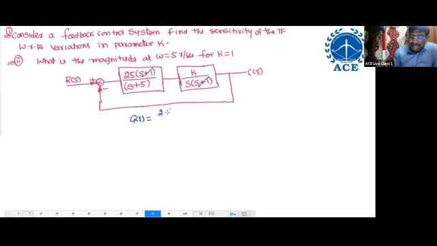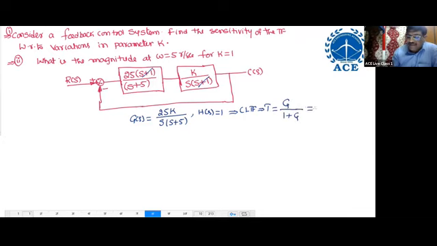25k by what are you getting? Tell me. 25k by s into (s plus 5). H(s) is 1. Now the closed loop transfer function: T equals G by 1 plus GH.